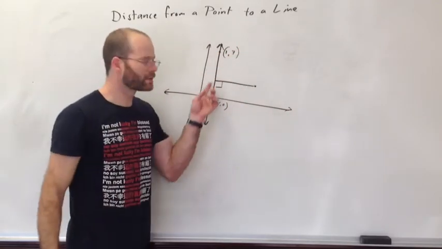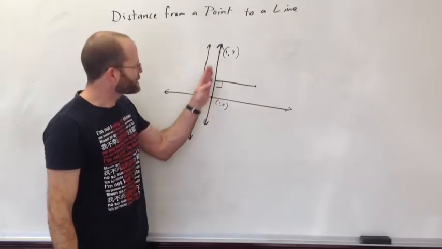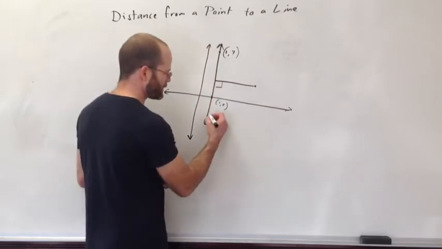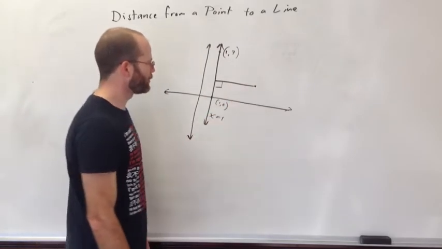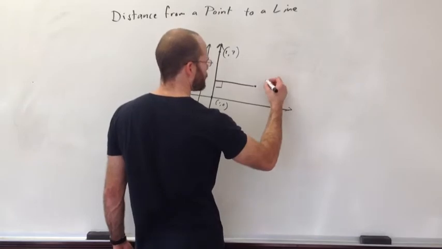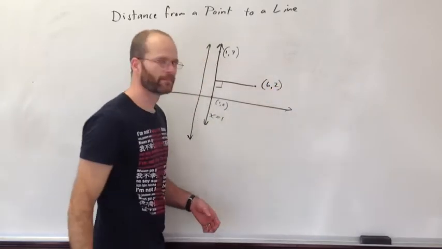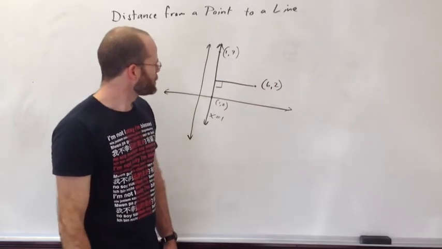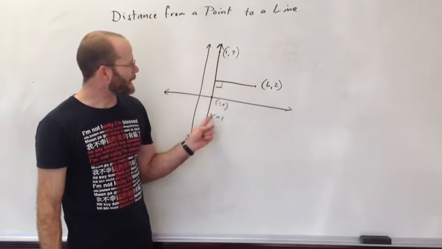So we can see it's a vertical line, and the line passes through all values of x that equal 1. And so we'd say the equation of this line is actually x equals 1. Let's suppose this point over here is 6, 2. So the question is, how far is the point from the line?